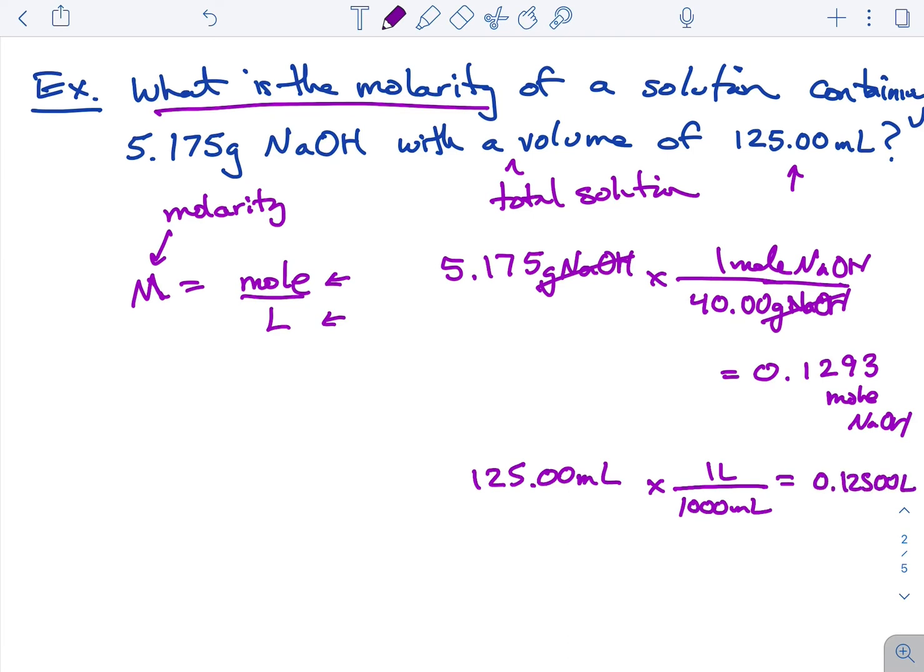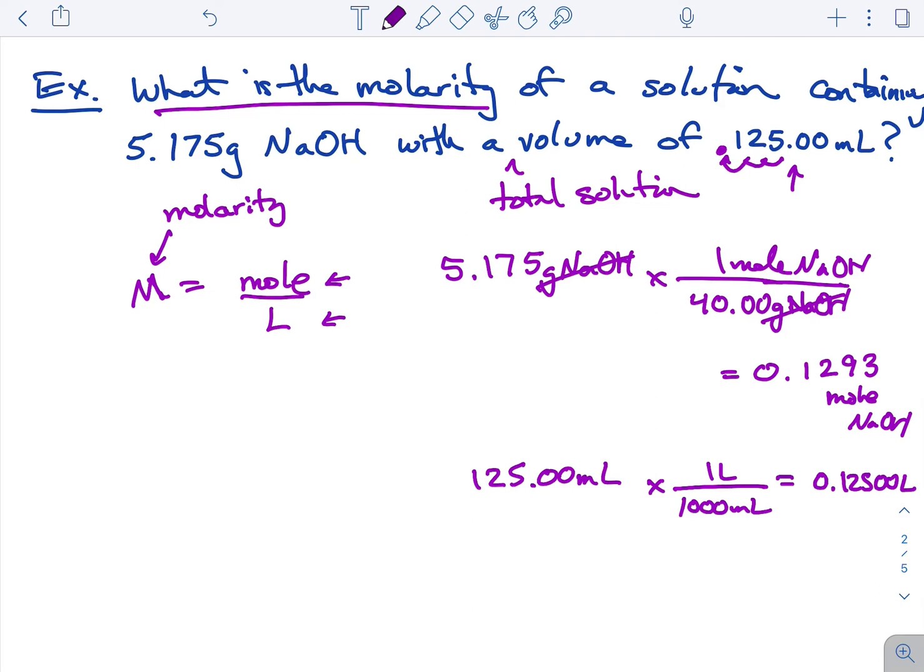You can also think of this as, it's in milliliters, so we're going to divide by 1,000. Take your decimal place and move it 1, 2, 3 times. The decimal ends up there. Whichever way you want to think about this, I am good with, as long as you do it in the right direction. People get confused and move this over in the wrong direction and end up with 125,000 liters, which is like a swimming pool, so that's not correct.